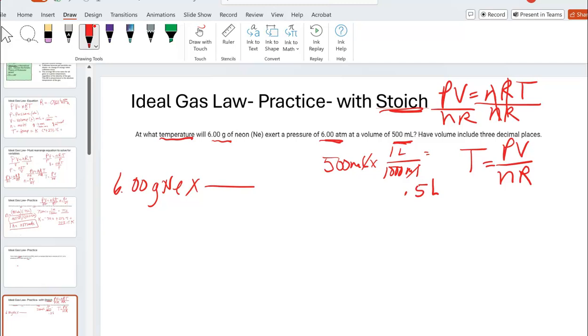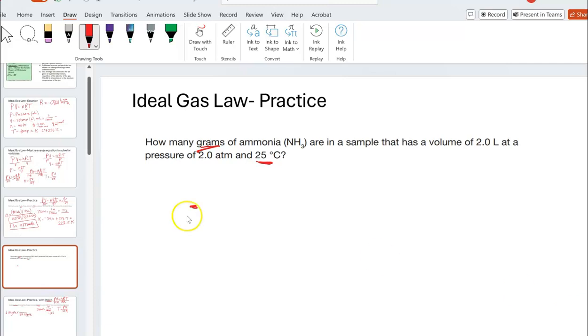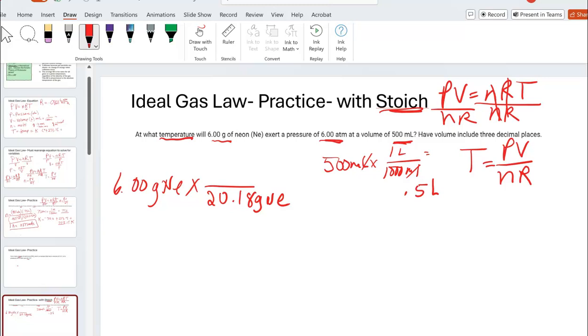The molar mass of neon is 20.18 grams of neon, which is equal to 1 mole of neon. So grams cancel each other out. I'm going to do 6 divided by 20.18, which is equal to 0.297 moles of neon.